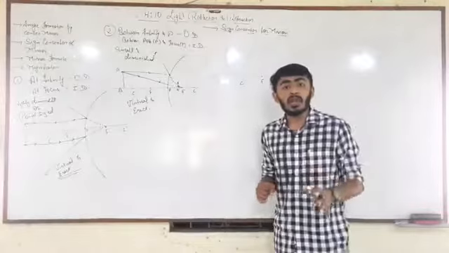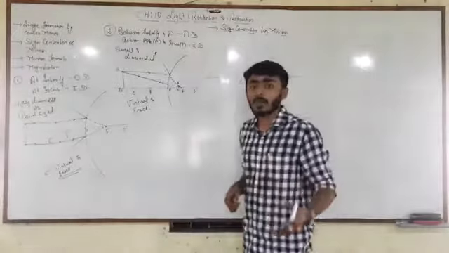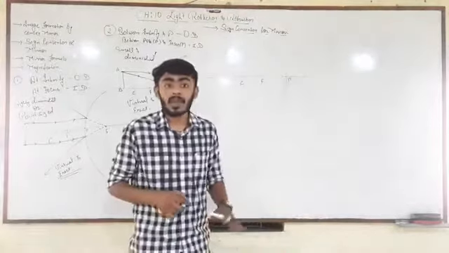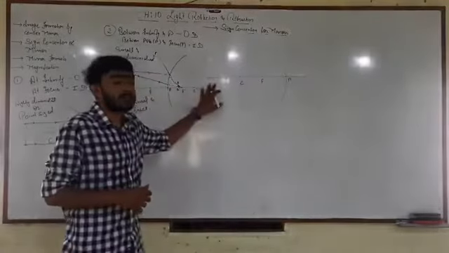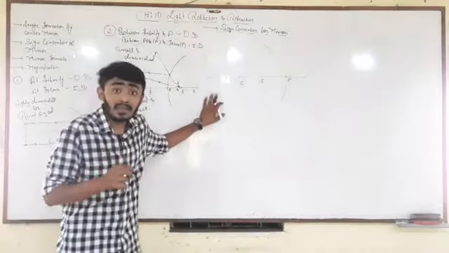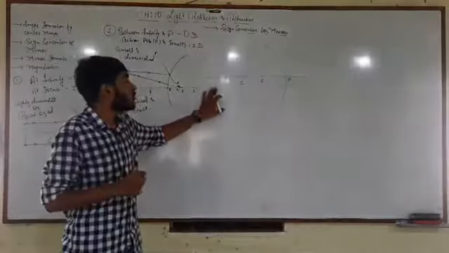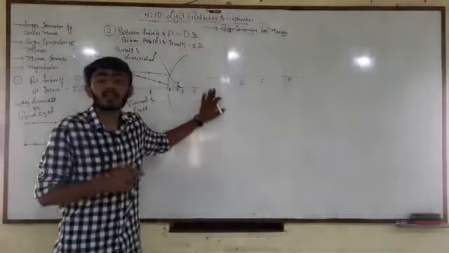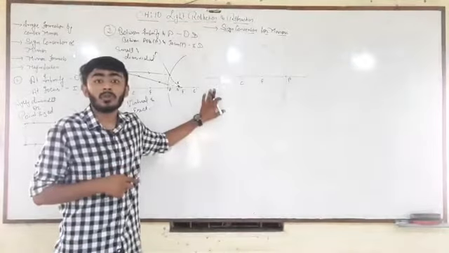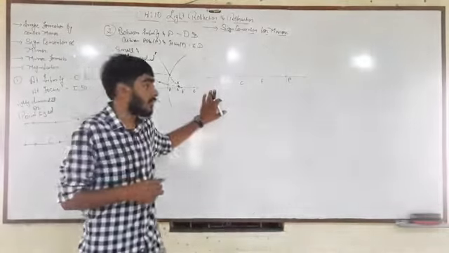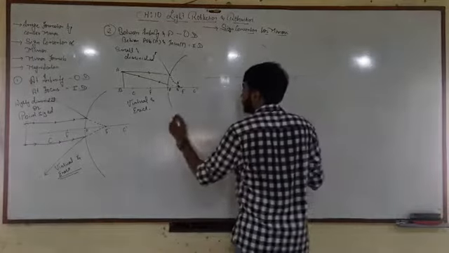Each and every time whenever you are making an experiment on this, or you are keeping any object, you should always keep the object, that is the real one, on the left hand side of the mirror. What is the first rule?